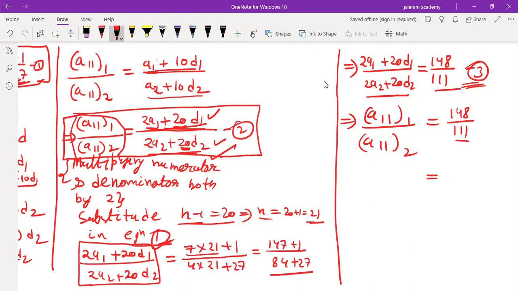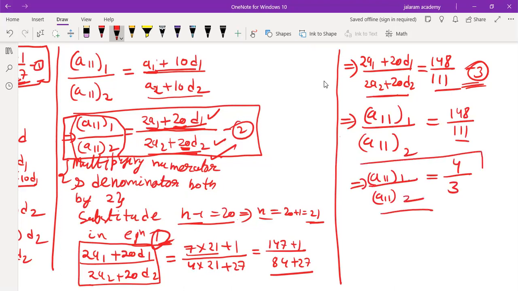So always remember, 111 is divisible by 37, and 148 is also divisible by 37, 37 fours. So the final answer is 4:3. The 11th term of the first AP is to the 11th term of the second AP as 4:3, which is the answer.